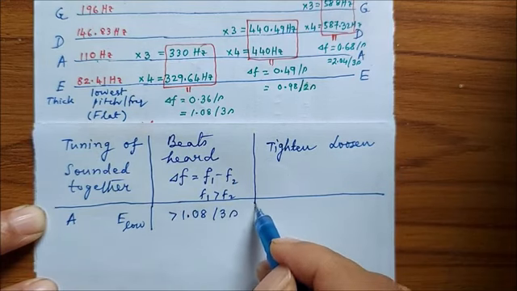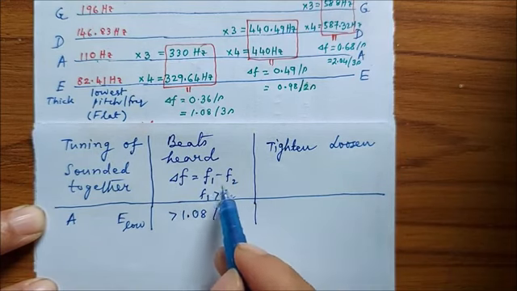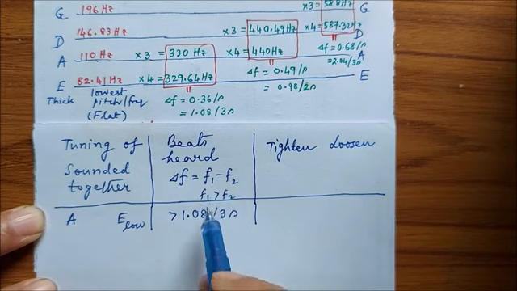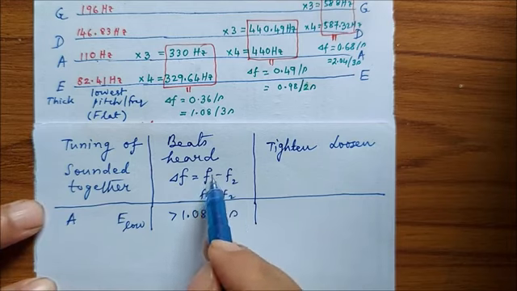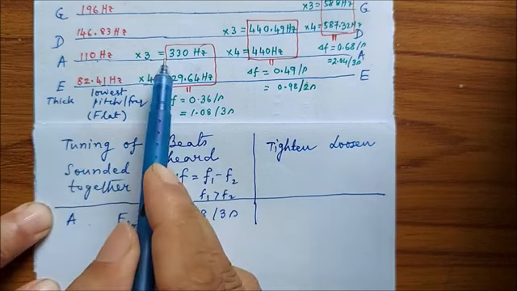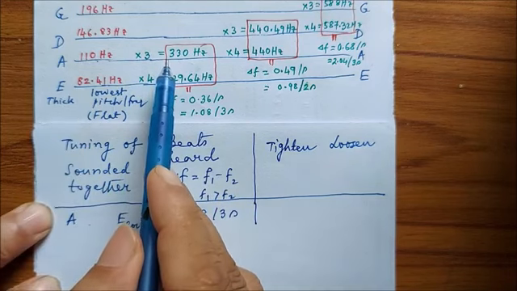And if this is so, then we have to reduce this gap, and this gap reduction is possible in two ways. One is by decreasing the higher frequency. So we have to decrease the frequency of A, and this can be done by loosening it.